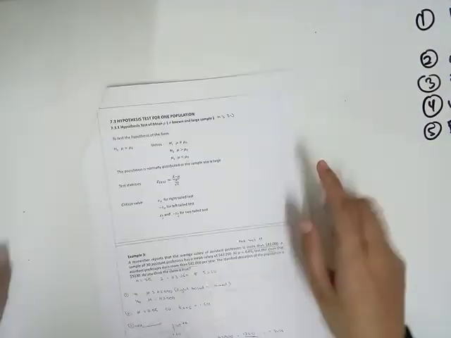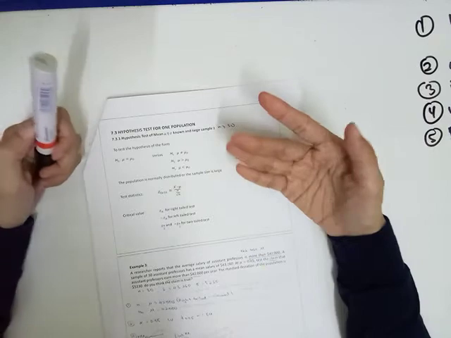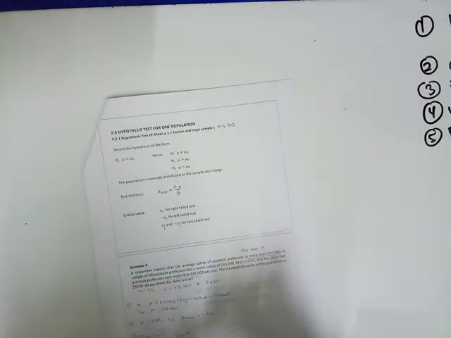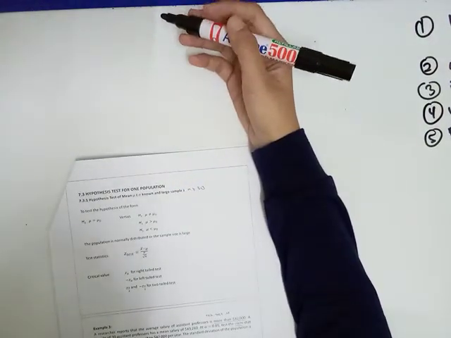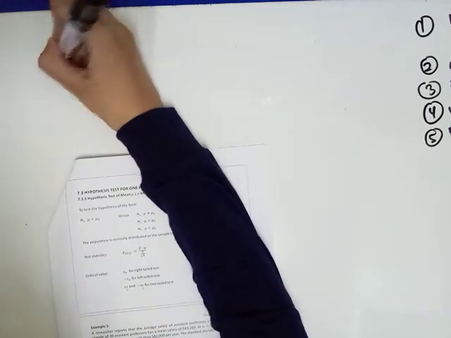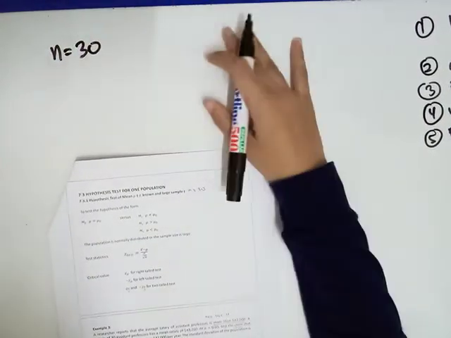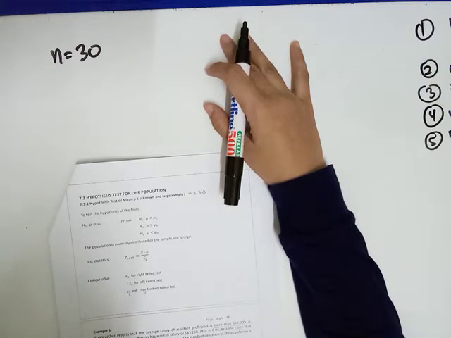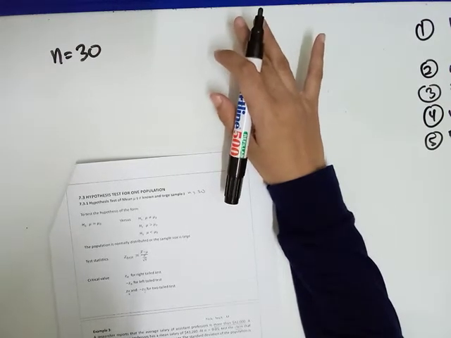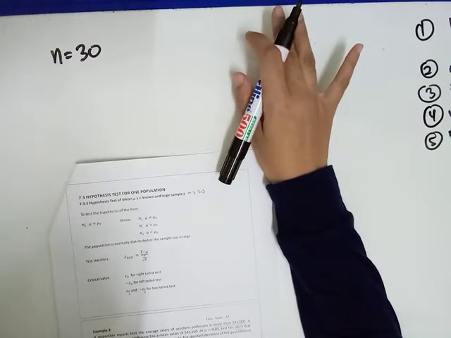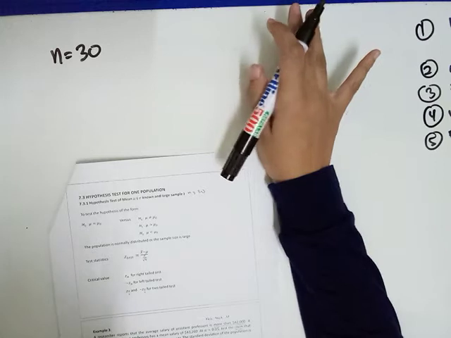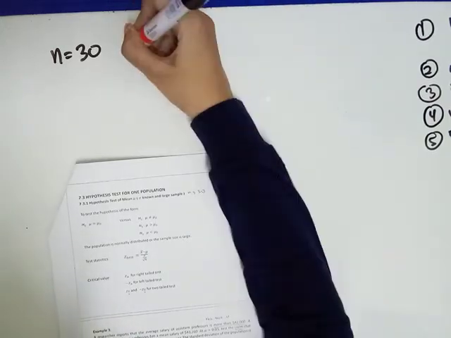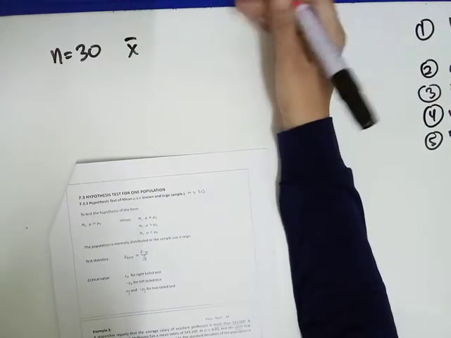Firstly, you need to write down what is given in this statement. A sample of 30 assistant professors, that means n is equal to 30. The mean salary of 43,260 is the sample mean, not the population mean.